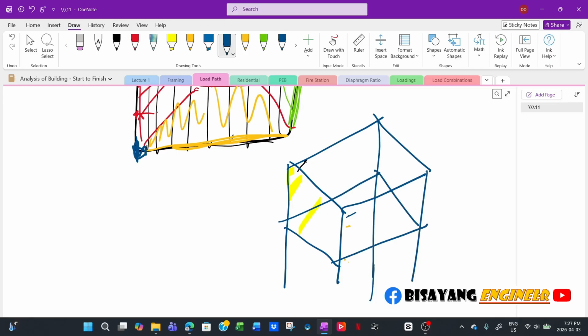The way we frame the roof, you have your trusses like that one, assuming that's 3D, and some people even design this like a space truss. Regardless of what your framing is, you have to identify whether you are using the roof as a diaphragm or not. But in typical construction back home, like in the Philippines, the roof framing is not designed as a roof diaphragm. Therefore, all your loads will be transferred to your beam first.